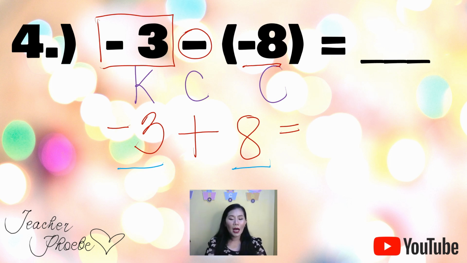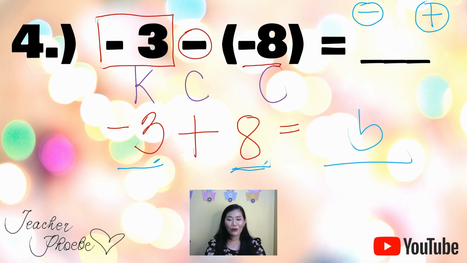So, you see, magkaiba ng sign. Tatandaan, kapag magkaiba ng sign, ano ang ginagawa natin? Magbabawas tayo. Ibawas natin yung 3, disregard the sign, bawas natin yung 3 kay 8. Ano bang sagot? Okay, so that is 5.